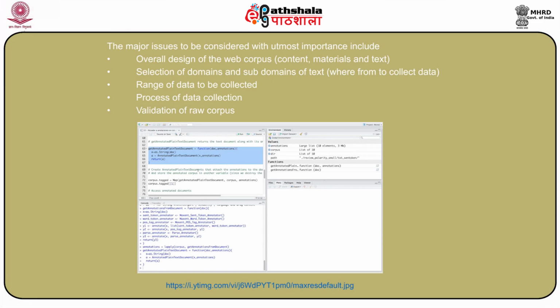First, we need to identify the domains and subdomains from where we are going to collect the data. This was the basic issue we had to take into consideration. So text samples that are collected from the web had major domains as presented in the table here.